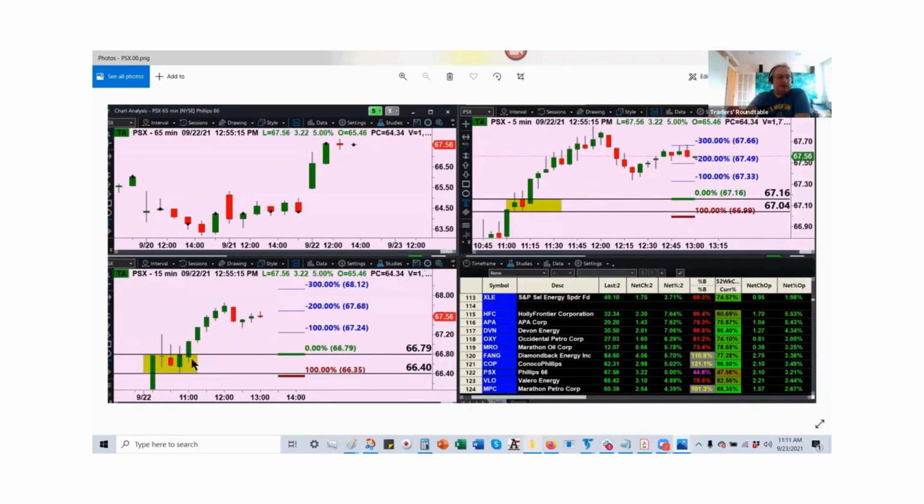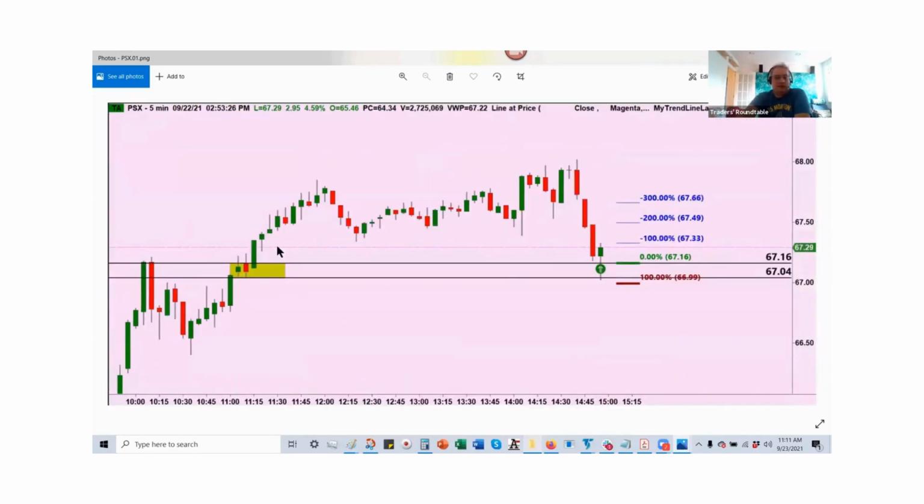Here's PSX. I've showed you this before. Here we have two setups, one in the 5, one in the 15. Price came back, drilled in, and drove all the way to the bottom of the zone, actually going a penny or so out.